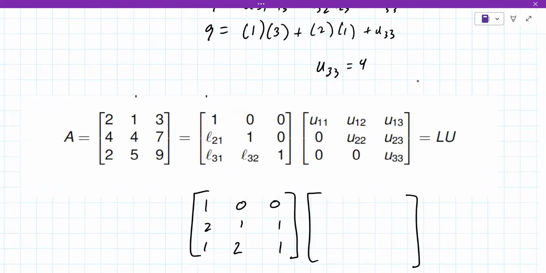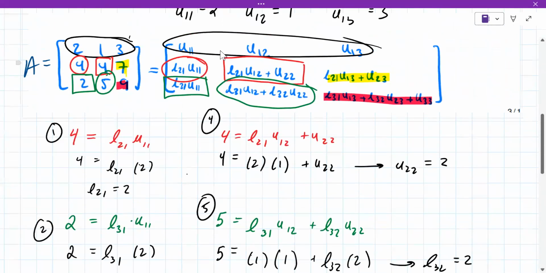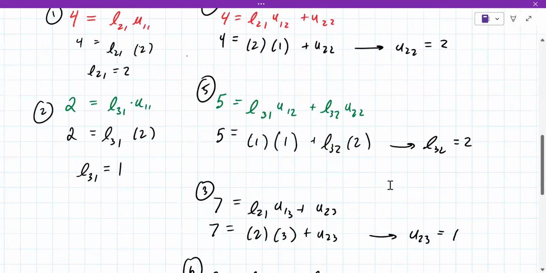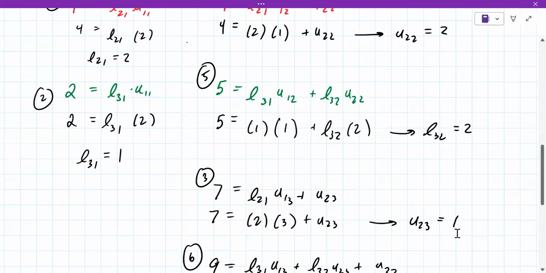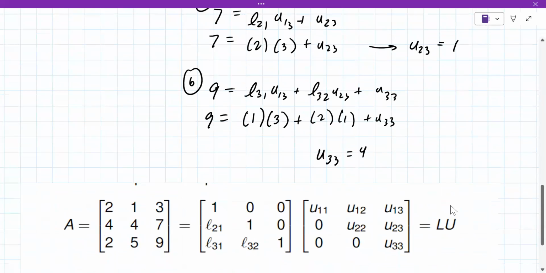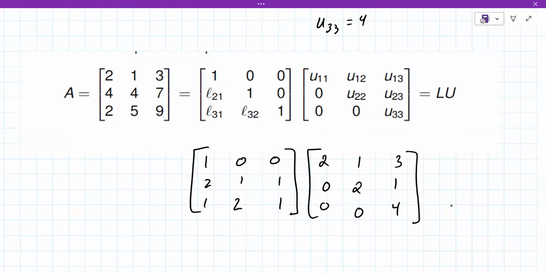Same thing over here with these. The first 3 come right from here, 2, 1, 3. Sorry for all the scrolling. 0, 0, 0. So we need U33, which is 4. That's on the screen here. We need U22 and U23, so it's 2 and 1. If you were to go to a calculator or MATLAB, you would be able to substitute these in, and if you multiply these two matrices, you would get the original.